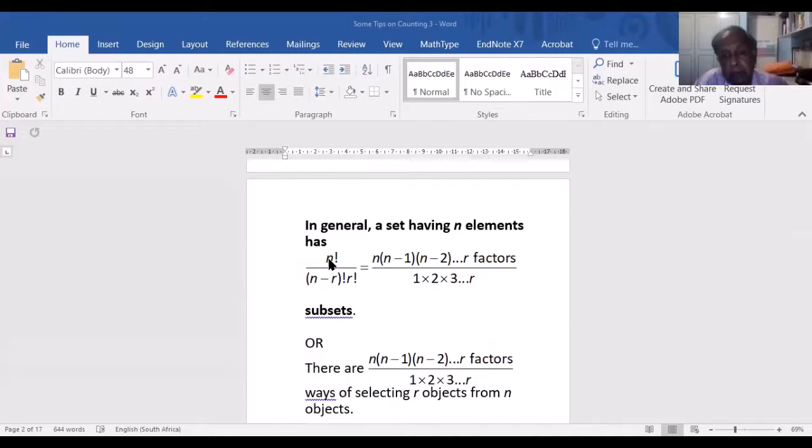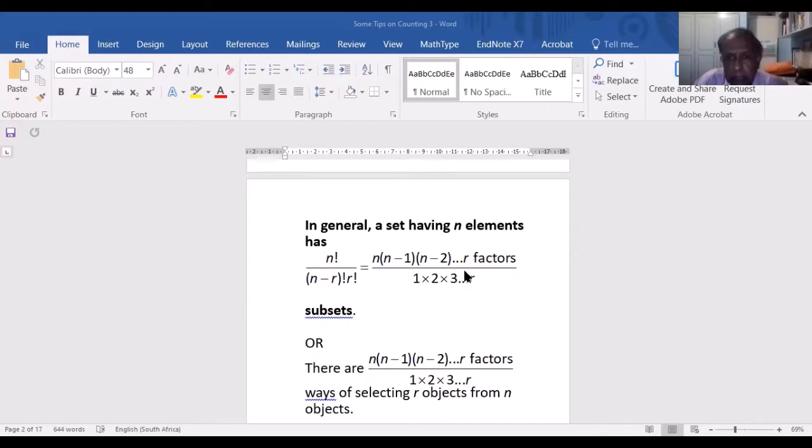Maybe I have 15 elements in the set, and I want to choose a 3-element subset. Then you put n equals 15 and r equals 3, and you can calculate this. Your calculator actually calculates this for you. I'll tell you a little later how that works, and that will give you the number of subsets. So you've got a very nice formula to find the number of subsets if each subset has r elements and the set itself has n elements.